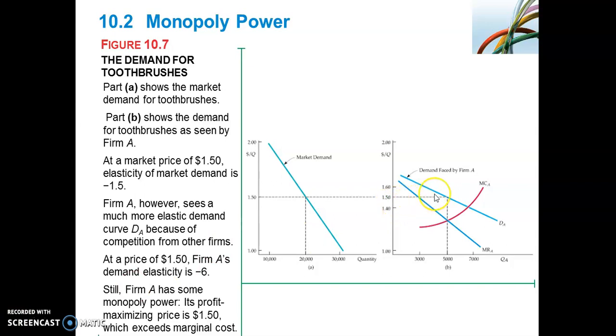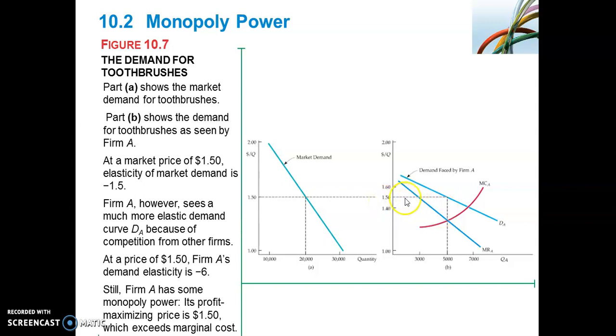In part B that we are looking at for firm A, you can see that the production of toothbrushes is 5,000 per day by firm A, and this also applies to the other firms in the market because there are 4 firms, and that is at a price of $1.50.